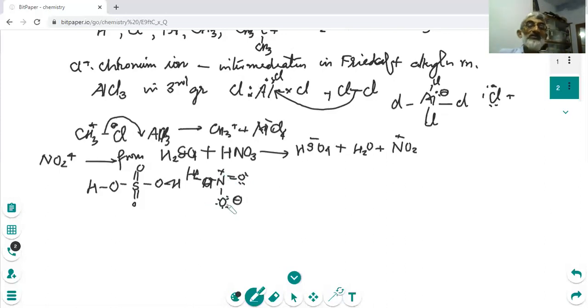So overall the molecule is neutral. You should be very careful with the number of bonds.